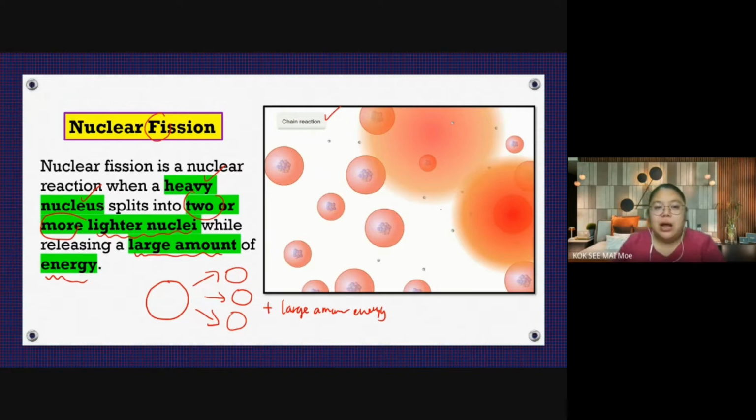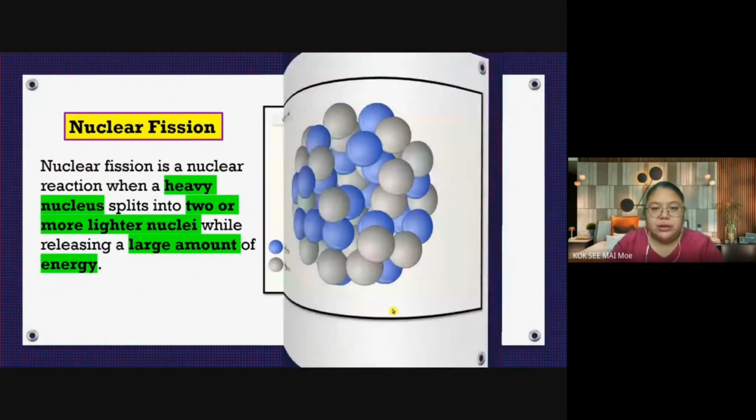From here, I want you to memorize the words from the diagram. First, you say this is a heavy nucleus. After that, it splits into 3 or 2 lighter nuclei and also produces a large amount of energy. So refer to the diagram, then we create the sentence. So this is nuclear fission.